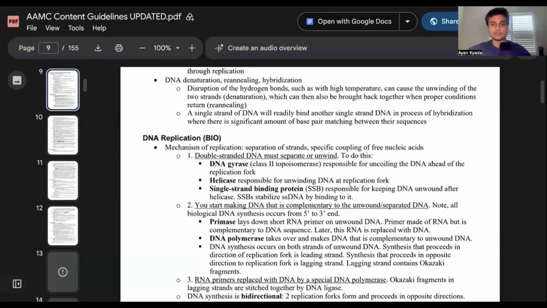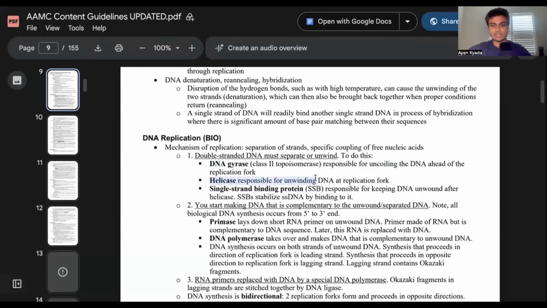So we have a specific enzyme here, DNA gyrase, and what you need to know is that it is responsible for uncoiling the DNA ahead of the replication fork. It gets it back to its proper conformation of low torsional stress so that the replication fork can continue moving down the unwound DNA molecule and continue synthesis.